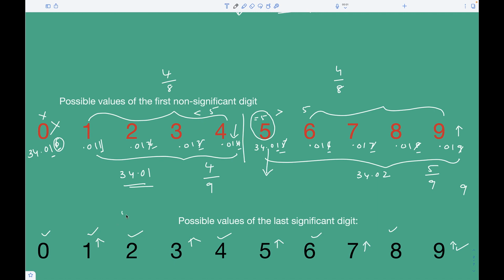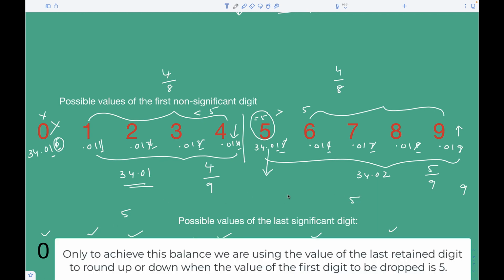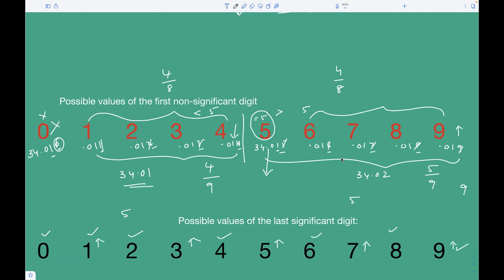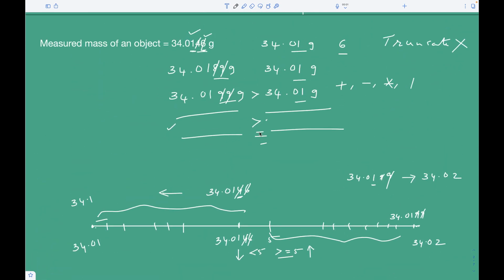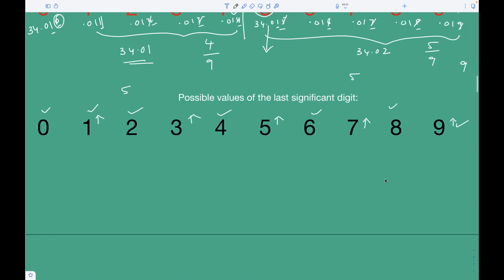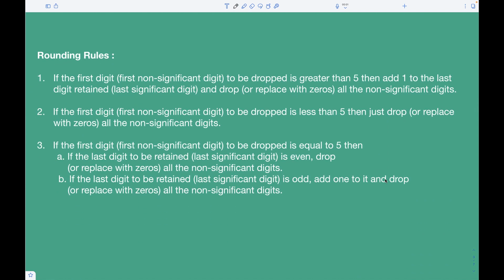Again, there are 5 even numbers and 5 odd numbers, so we achieved a balance. So, by following these rules, we are able to divide the measurements equally between rounding up and rounding down. Thereby, we are able to keep the average the same before and after rounding. And that is why we came up with these rounding rules.